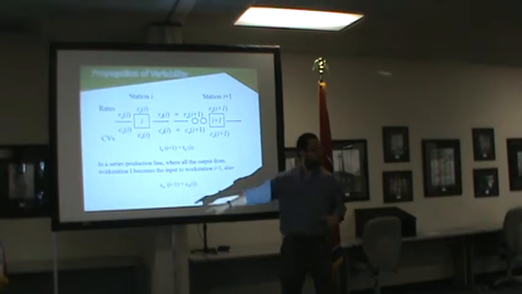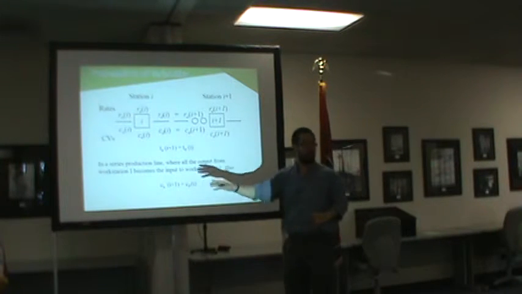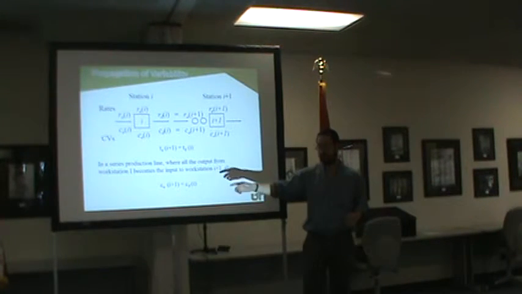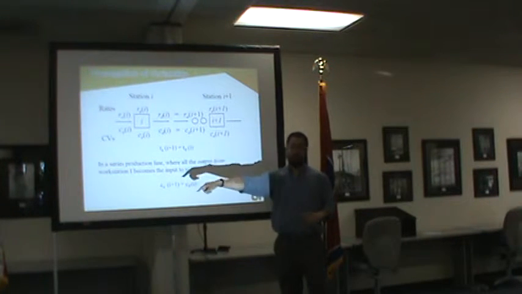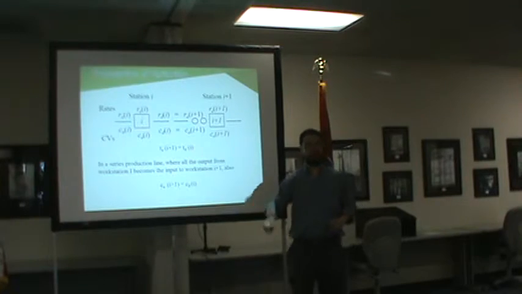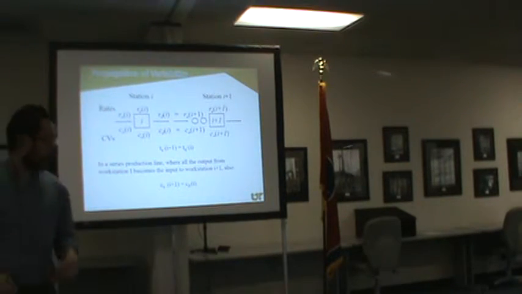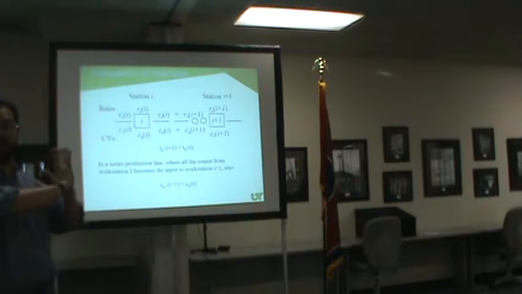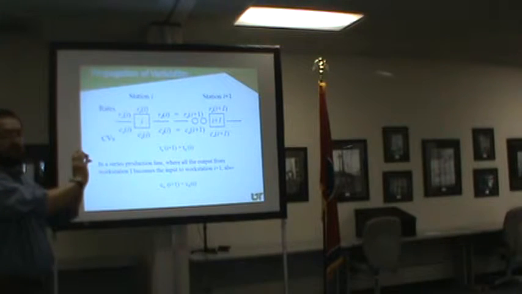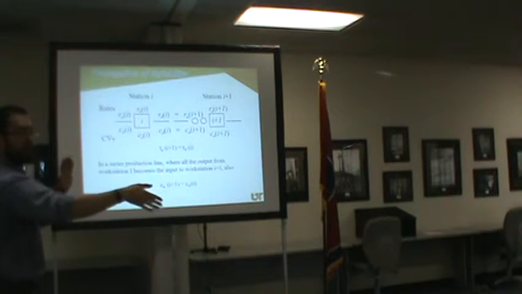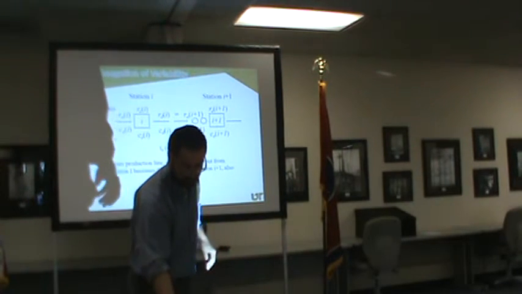Same relationship for coefficient of variation. The coefficient of variation of arrivals for process I plus 1 is equal to the coefficient of variation of departures for process I. Okay? So all this means is whatever leaves equals the arrivals for the next process, for the very next step.